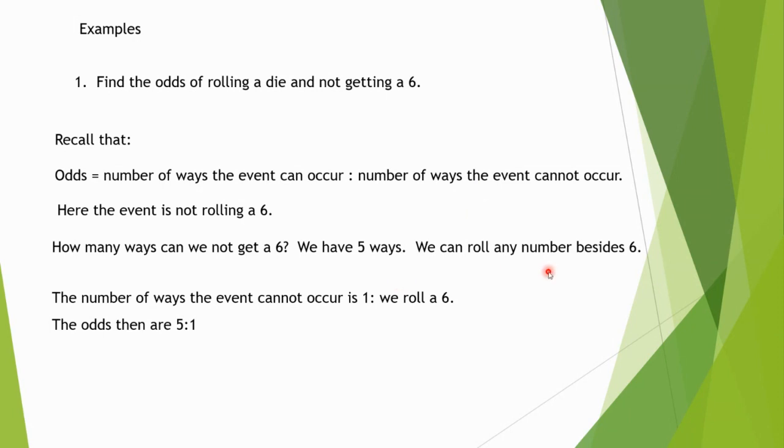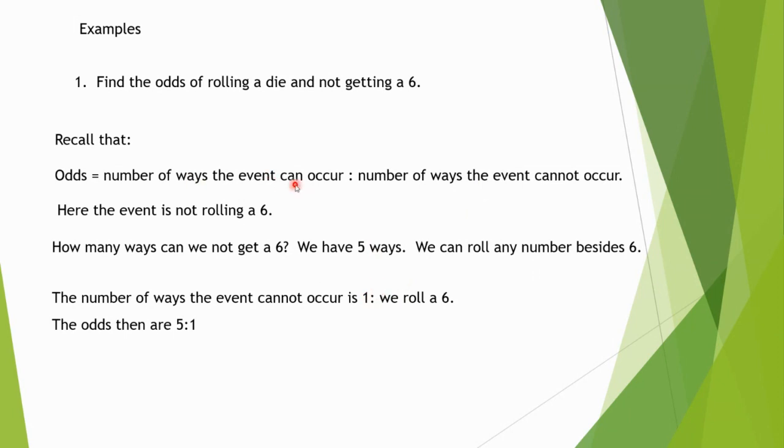Basically, we can roll a number besides 6. So the number of ways the event can occur is 5, and the number of ways it cannot occur is 1. Basically, we do roll a 6.